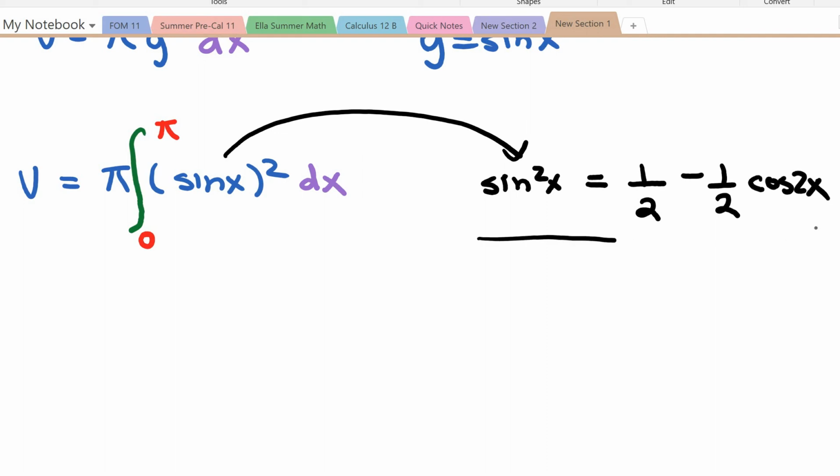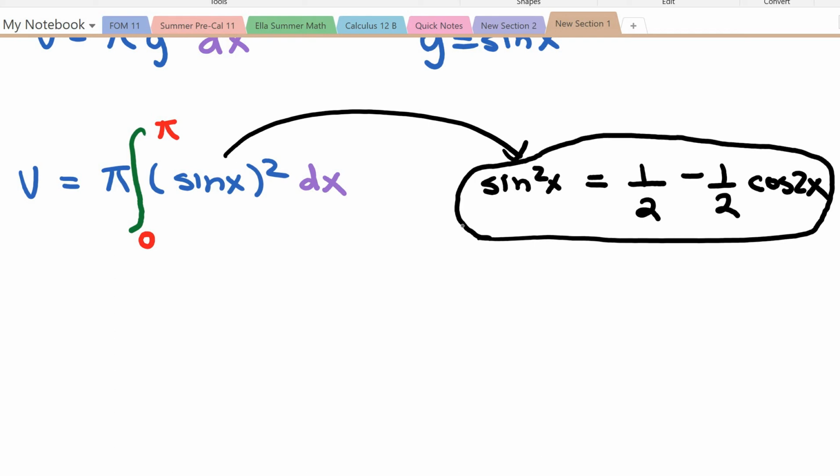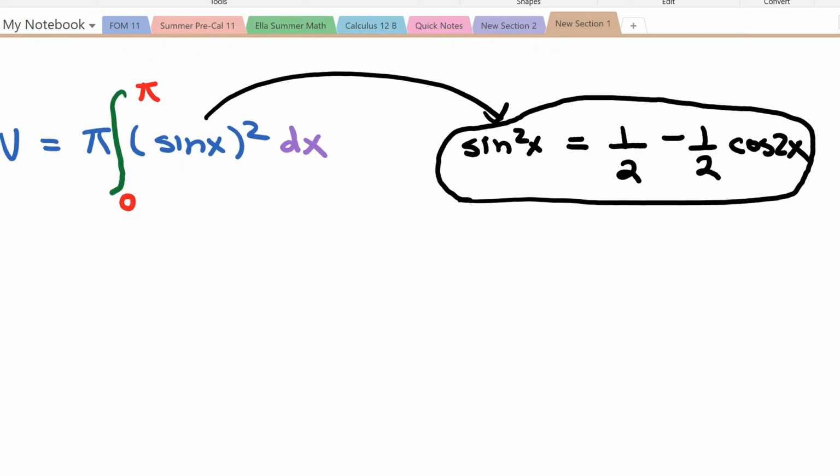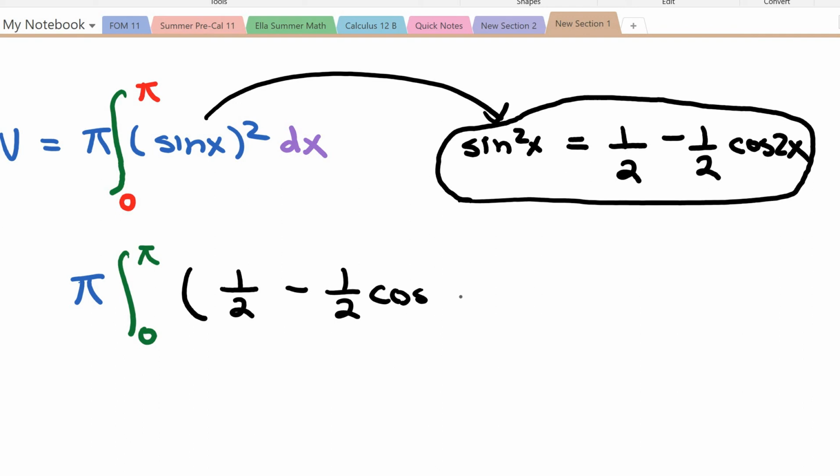If I don't have this identity right here, I actually can't integrate sine squared x easily. So before I start integrating, we're going to replace sine to the power 2 with the identity on the right hand side. So this is going to be 1/2 minus 1/2 cos 2x times dx.